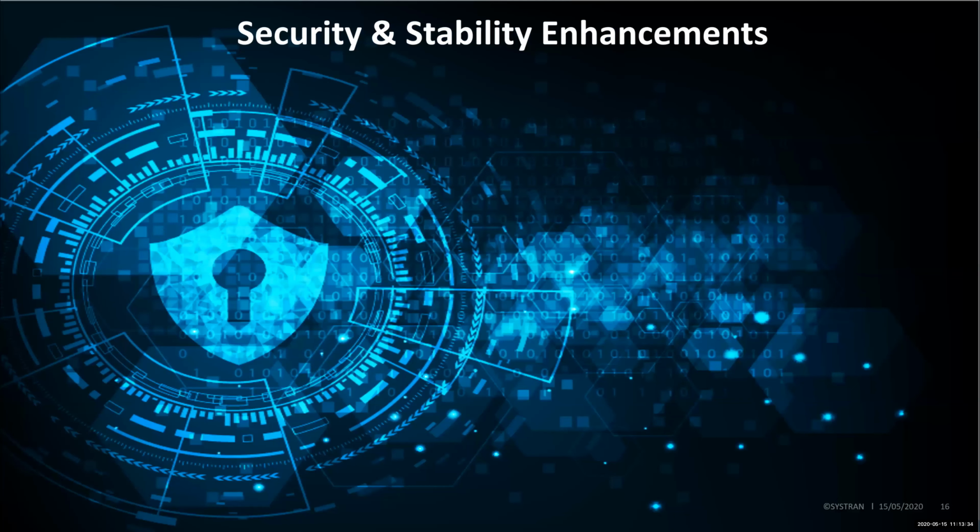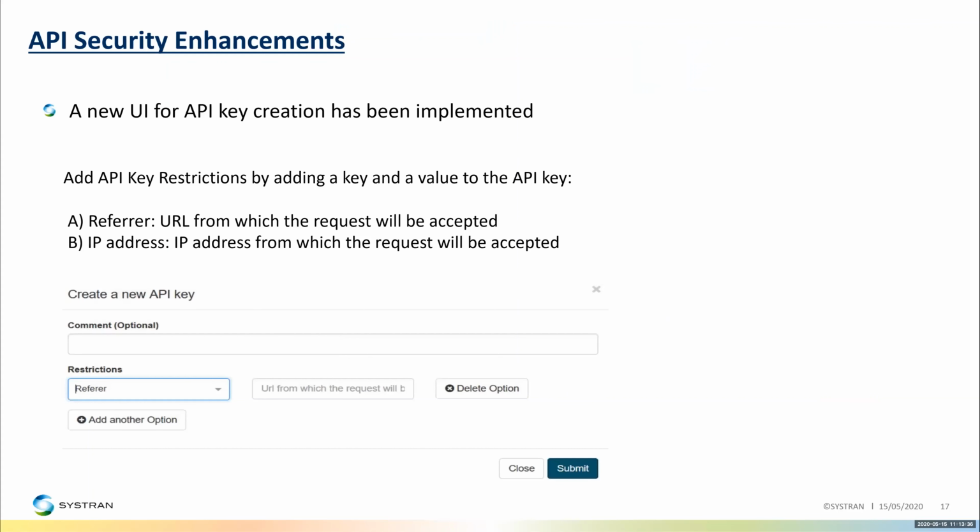And with security and stability enhancements, basically to enhance the security, the API key system has been reviewed. A new UI for API key has been implemented now. So with this, you can have a referrer, and you can mention the URL from which the request will be accepted, and the IP address from which the request can be accepted.